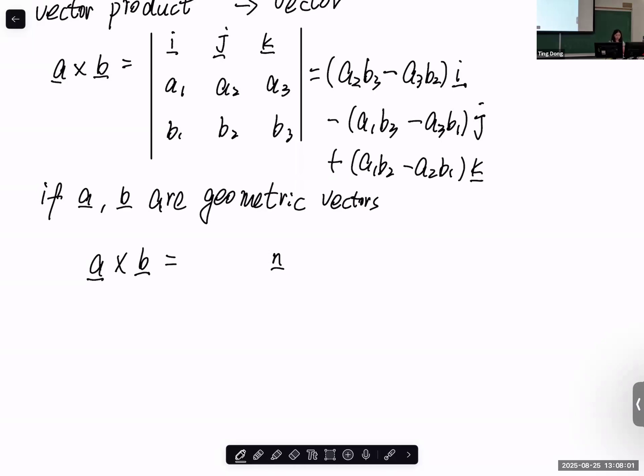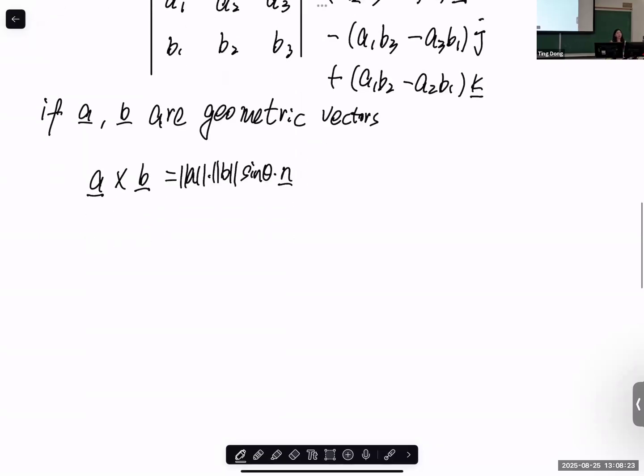It's not cosine, so don't get confused by these two definitions. A magnitude, B magnitude, and sine theta times unit vector n. And of course, theta is still the angle between these two vectors.